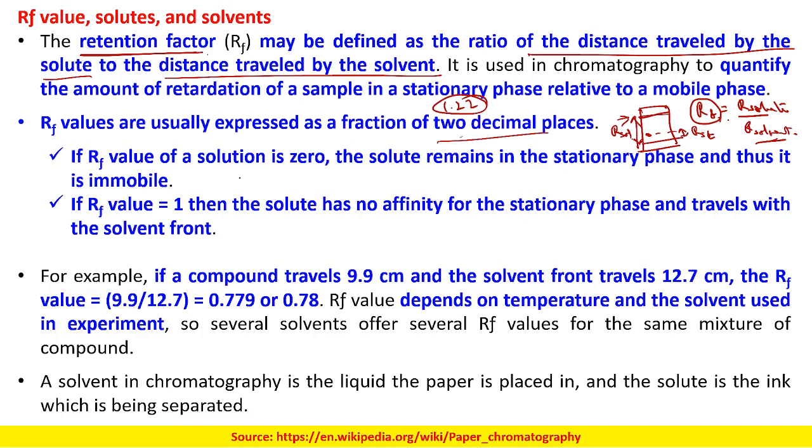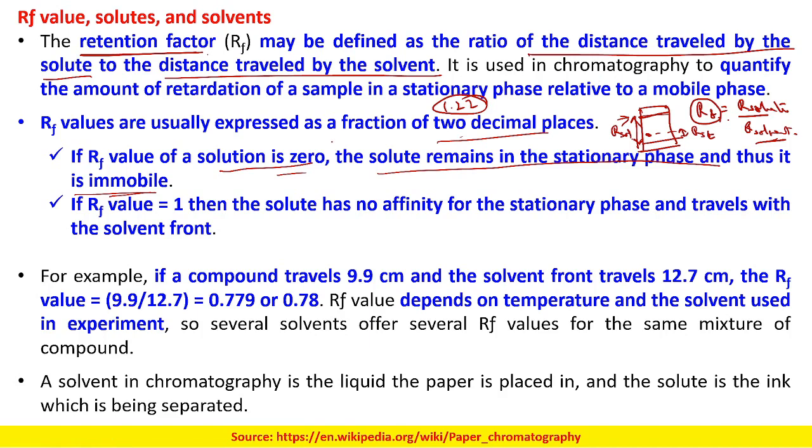Okay, if the RF value of a solute is 0, it means the solute remains in the stationary phase and thus it is immobile. 0 means this R of ST has stayed on the starting line. It has not moved from the starting line. So this R solute will be 0, whereas the solvent front has moved.